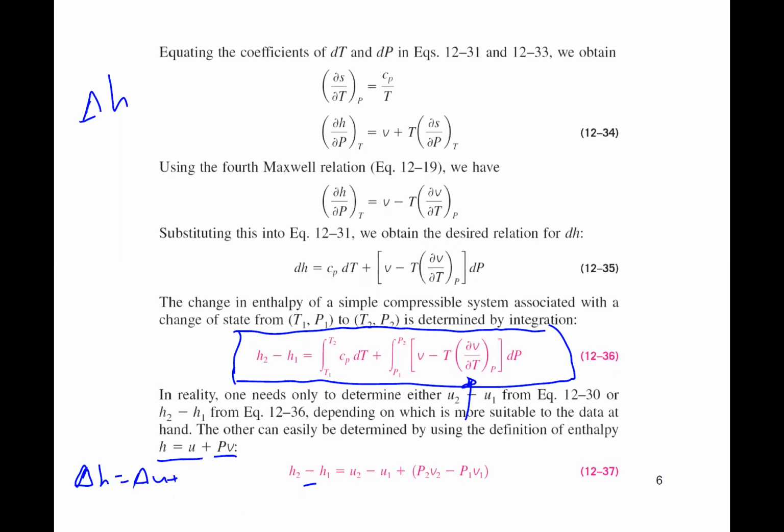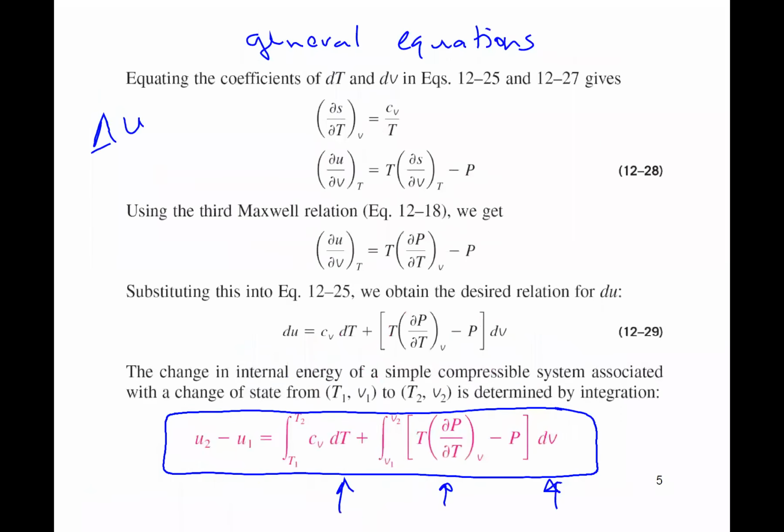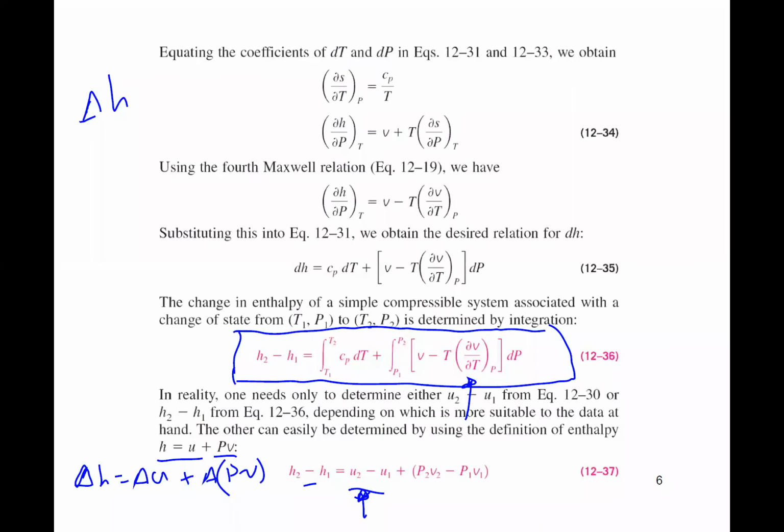They just say delta U plus delta PV, right? And this is again measurable. So if you had, say, the equation for delta U from here, and you set up delta U, then pressure and specific volume are also measurable. So you just have to put this part in on top of that one, and you have change in enthalpy.